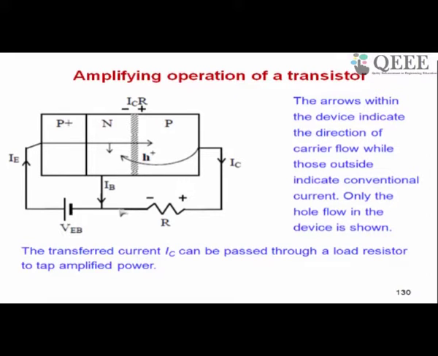The moment I put a resistor here, a polarity of voltage is going to develop like this, positive on the P and negative on the N, because the current is passing through this resistance. Now that voltage will come across the collector and base, and the voltage is equal to IC times R. IC is the current that is passing through the resistance, and this is the polarity of the voltage.